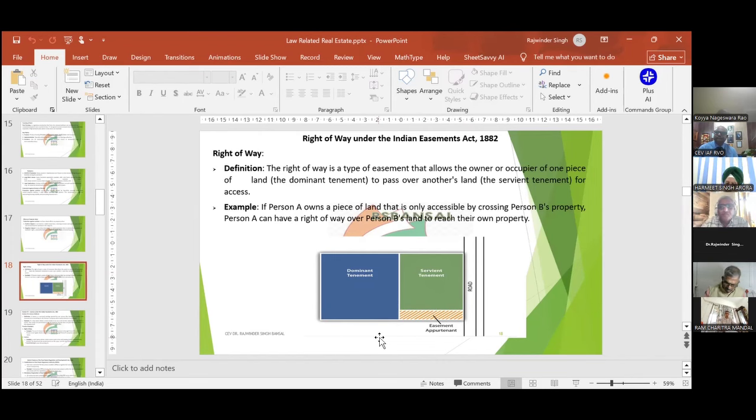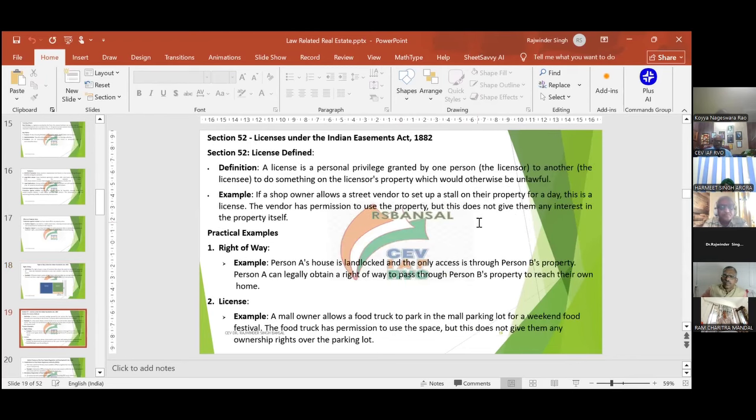If a person A owns a piece of land that is only accessible by crossing another person's property, person A can have a right of way over person B to get access to his own property.